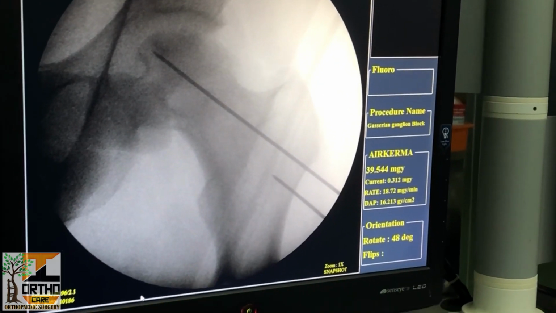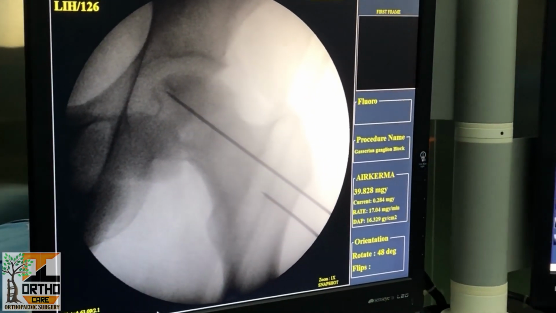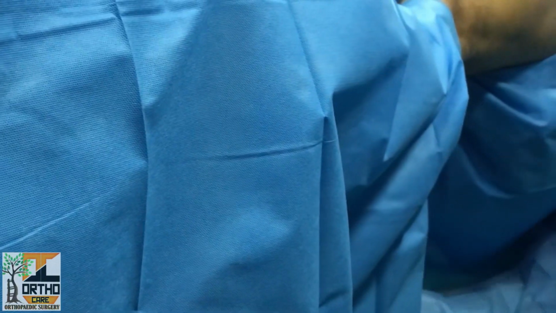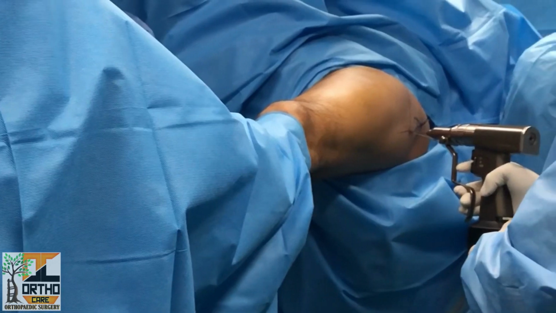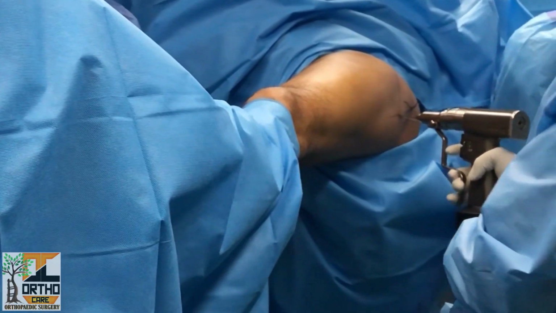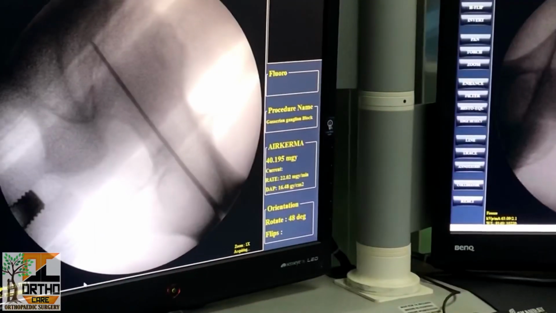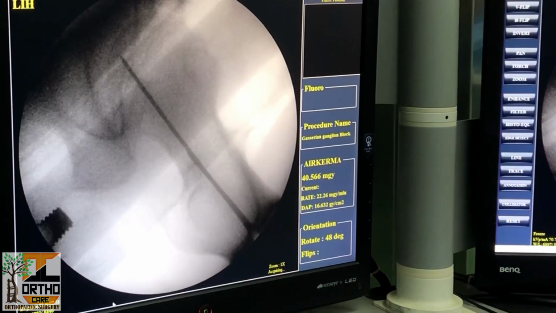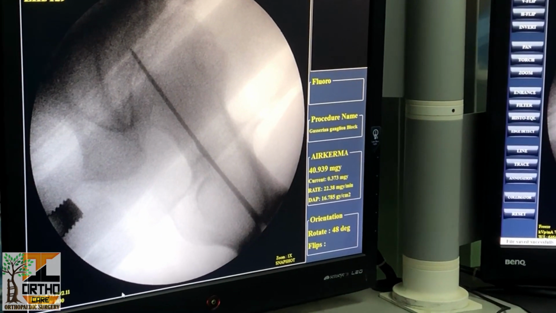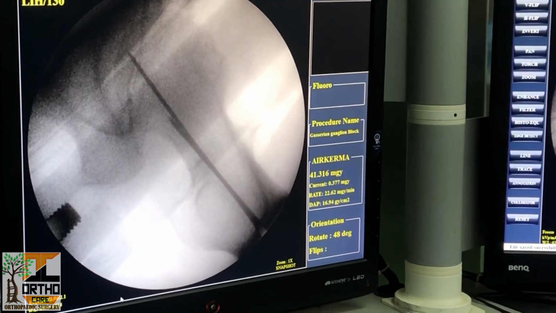Just proceed it and go for a lateral view. So now go to the lateral view. This is parallel to the previous one, so you just see the overlapping of the K-wires.